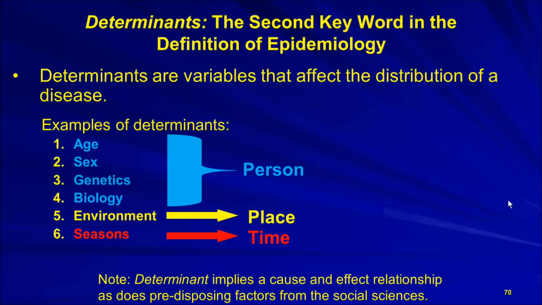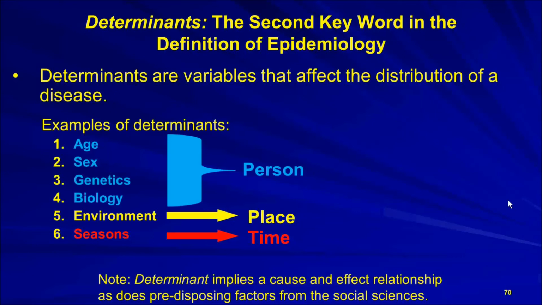Okay, so the second keyword is determinants. When you go back and look at that definition of epidemiology, we're looking at determinants. And determinants are variables that affect the distribution of the disease. These are all things that influence the distribution of the disease, and they have to do with person, place, and time.